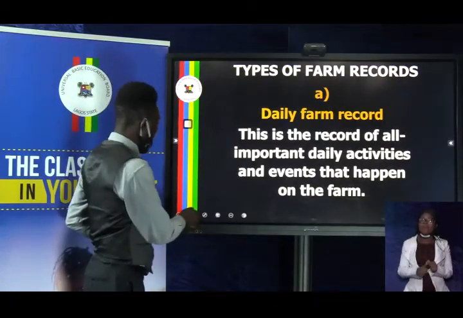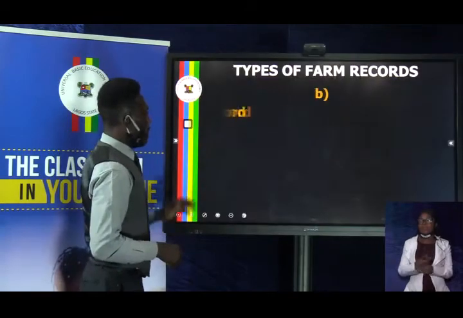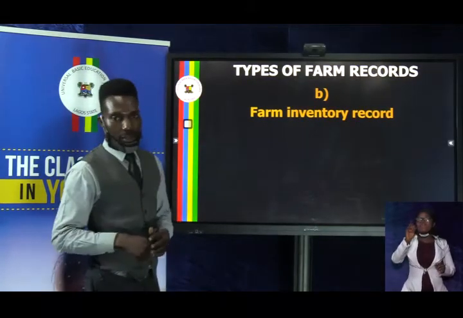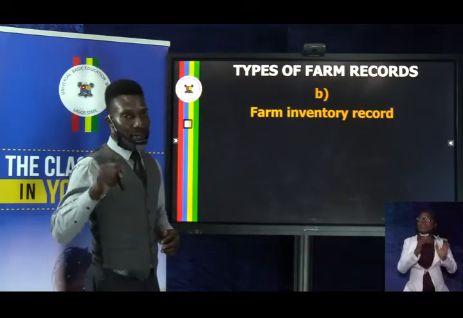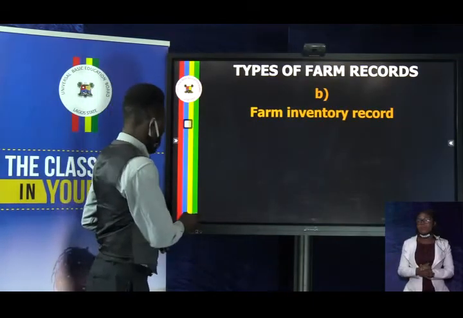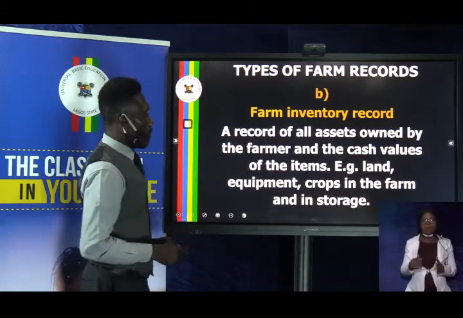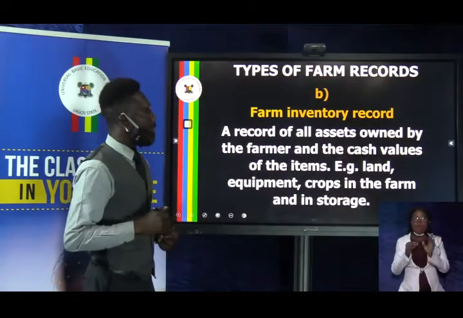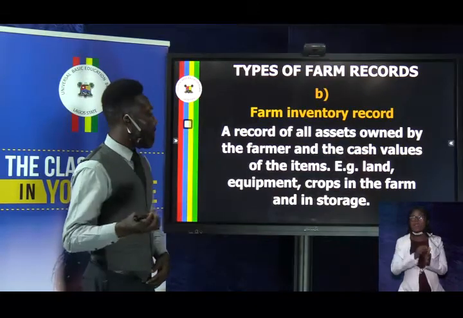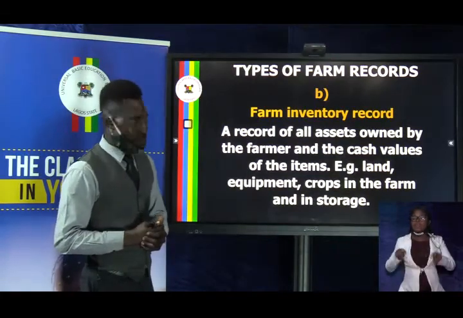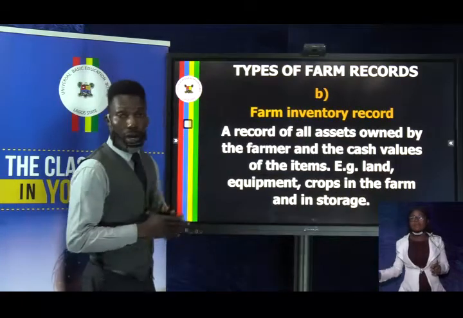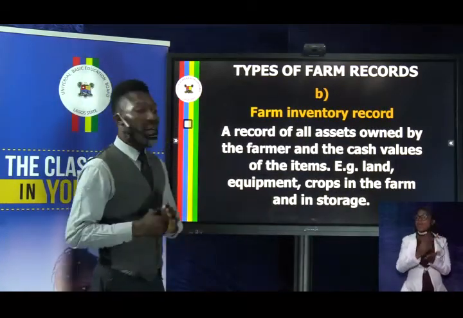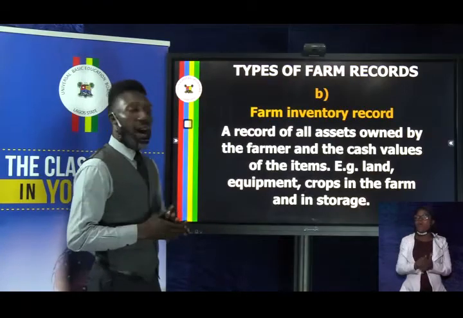Let's look at another type of farm record, and that is the farm inventory record. Say that. Farm inventory record. What do we use the farm inventory record for? It's a record of all assets owned by the farmer and the cash values of the items.